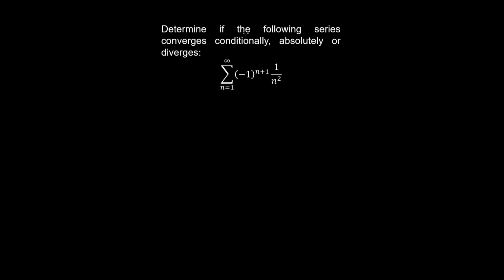Let's check if this alternating series converges conditionally, absolutely, or diverges. So again, we designate this series as an, and the series of these terms as bn, which is the absolute value of an.